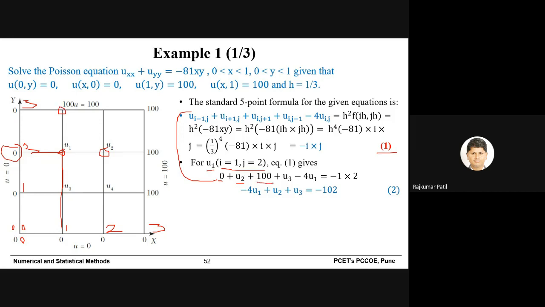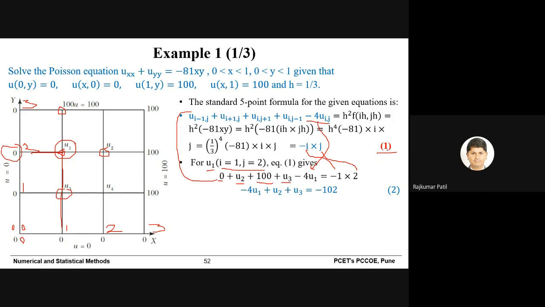And then u3, so here u3. Then minus 4u(i,j) means it will be 4u1 because we are talking about point u1, and which is equal to minus i times j, where i is 1 and j is 2.